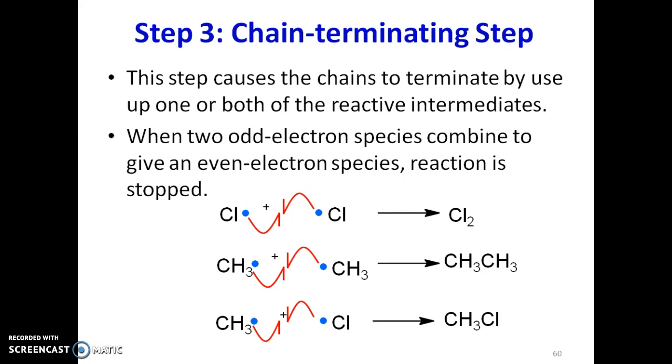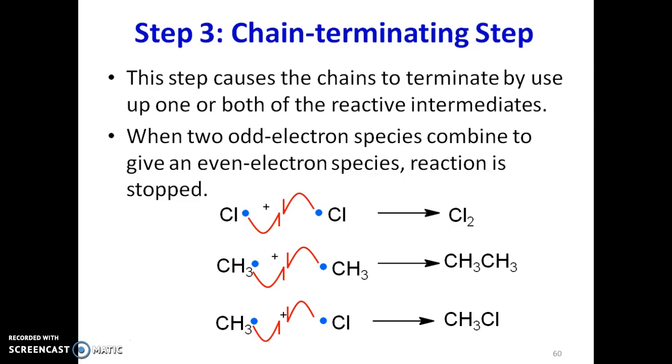So what we can conclude is that step number 1 has one equation. Step number 2, the chain propagating step, has two equations. Step number 3, the chain terminating step, has 3 equations. Okay, they must have all these 6 equations. Chain initiating step, 1 equation, the breaking of the halogen molecule.